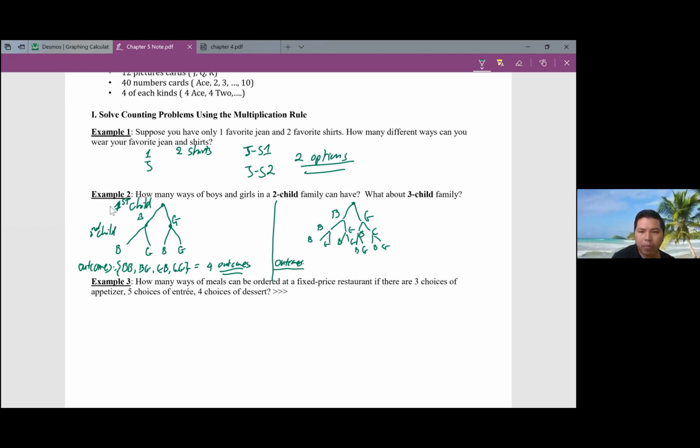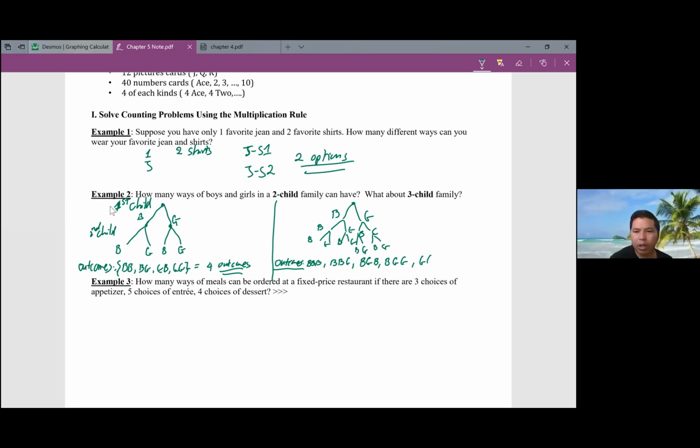We have boy-boy-boy, then boy-boy-girl, then boy-girl-boy, and then boy-girl-girl. Okay, that's done with the left branch.